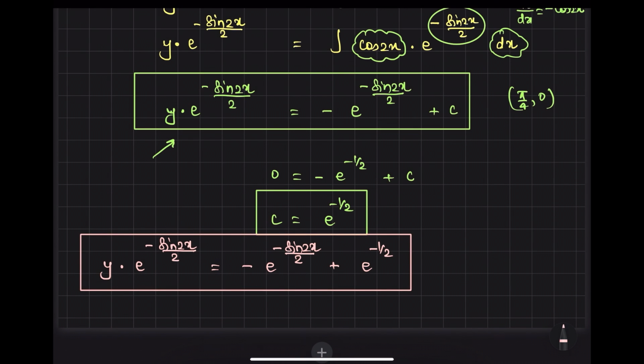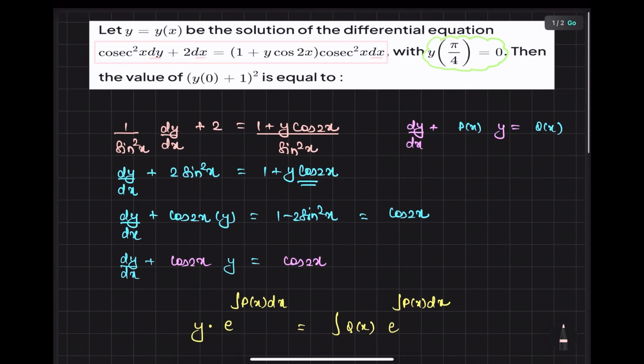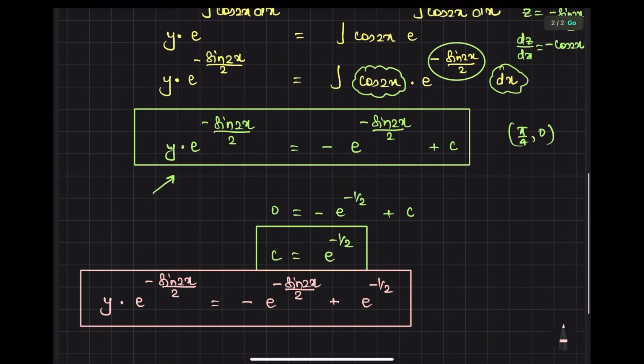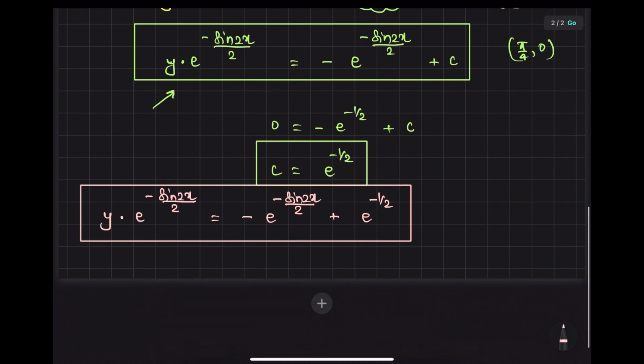So this is our final function. Now what is the required thing? The required thing is y of 0 plus 1, whole square. So for y of 0, we will replace x with 0.